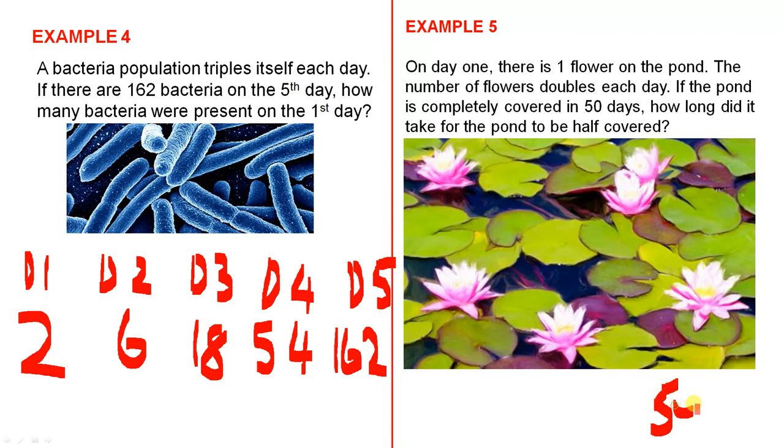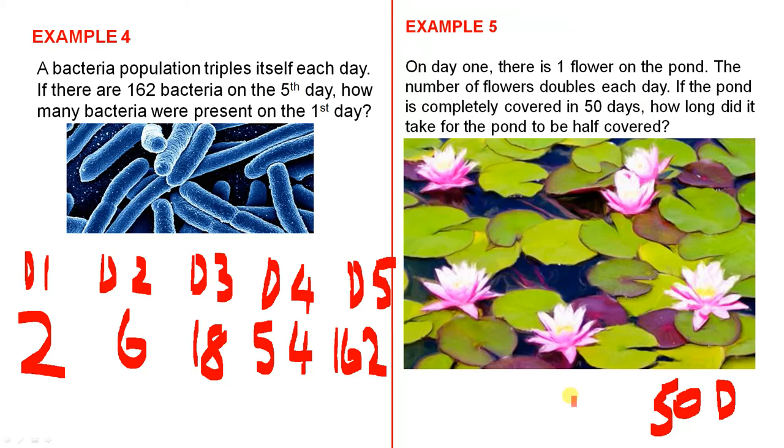So 50 days, what's happened? The pond is fully covered. Now, if the pond is fully covered in 50 days, what do you think happened on the 49th day? Because it says the number of flowers doubles each day.